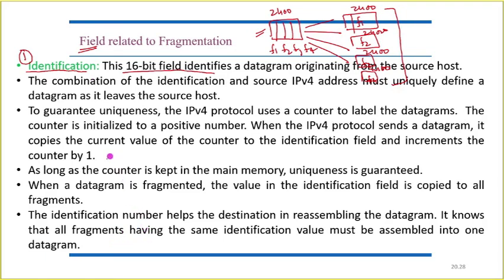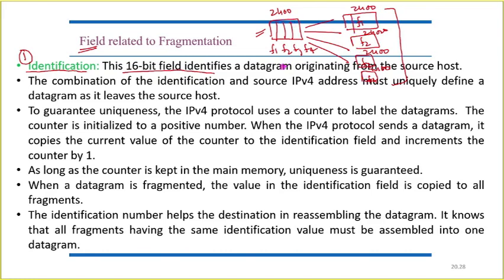So here, when the IPv4 protocol sends the datagram, it copies the current value of the counter to the identification field and increments the counter by 1. That means this 16-bit field is a unique value that remains the same for one particular packet, and if it is fragmented, all the fragmented parts will have the same identification value.